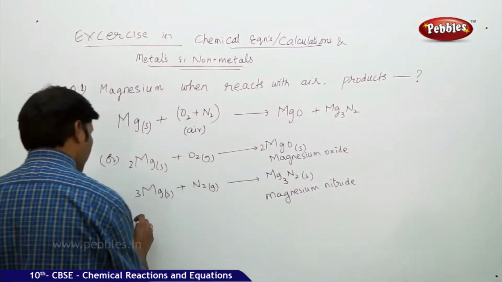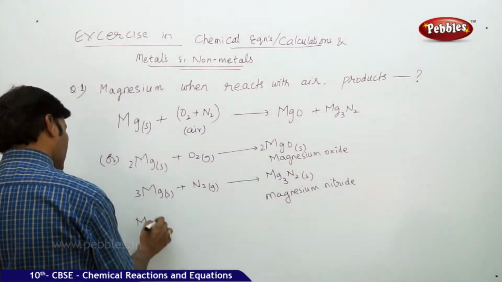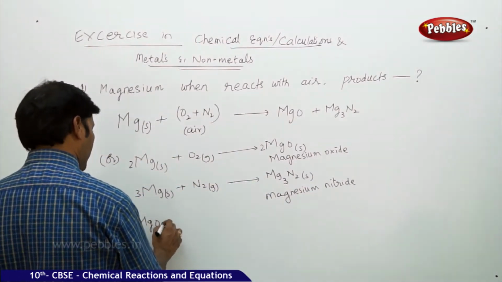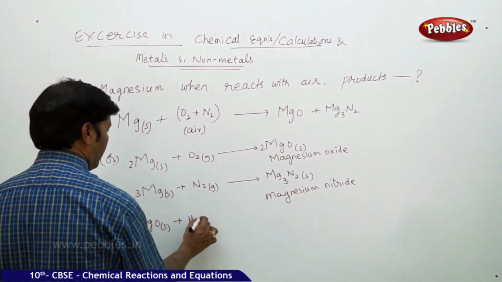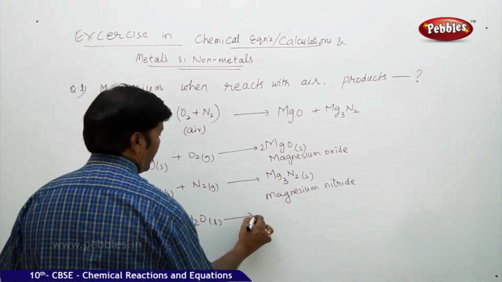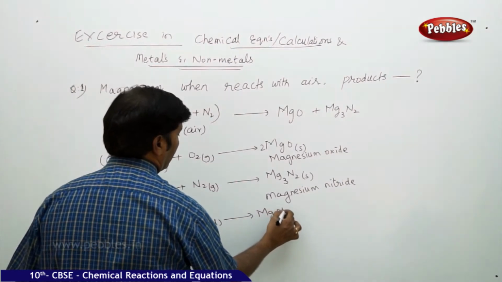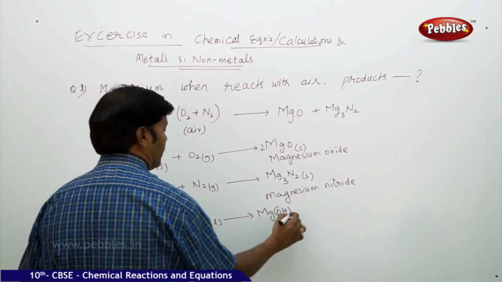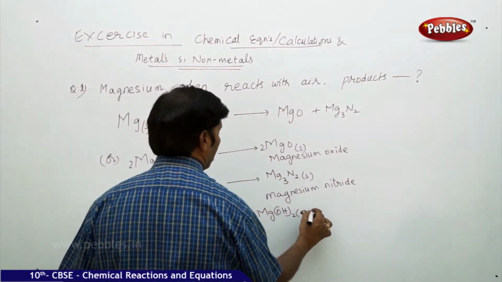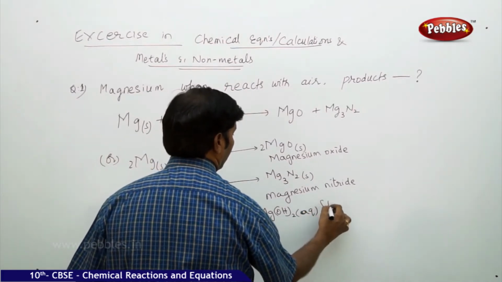Magnesium oxide is a solid. You dissolve it in water, it forms a base, magnesium hydroxide, aqueous. It's a base.